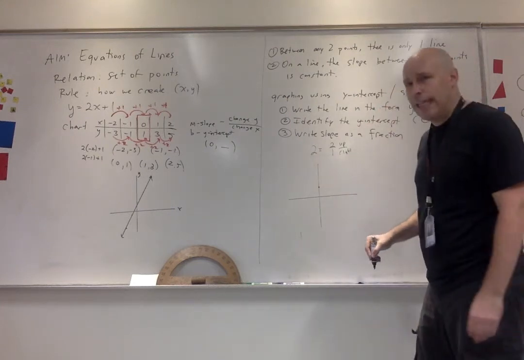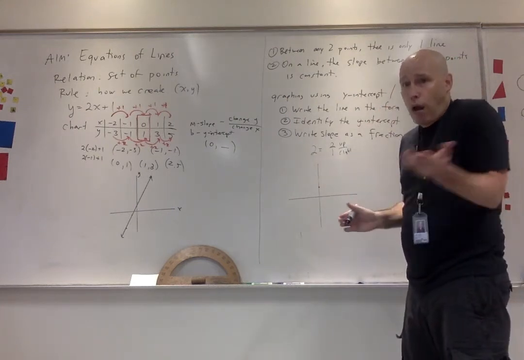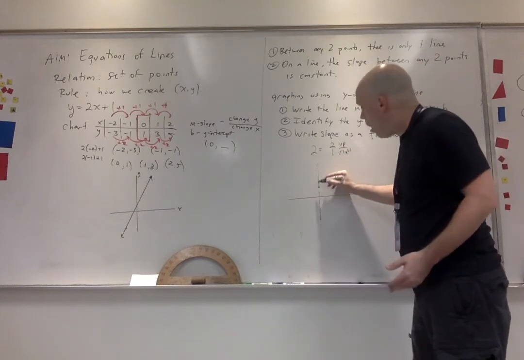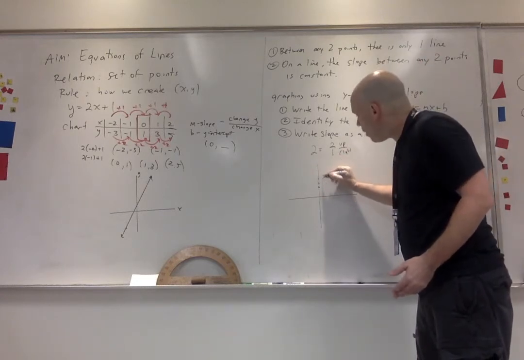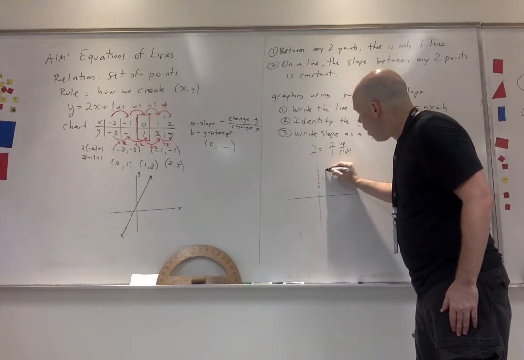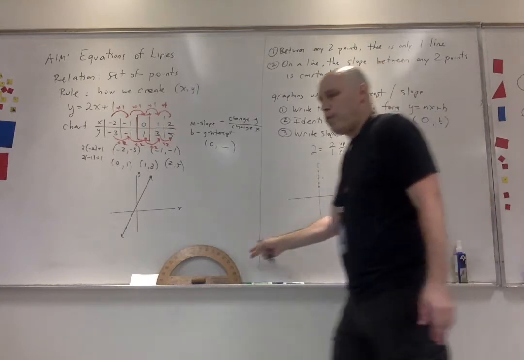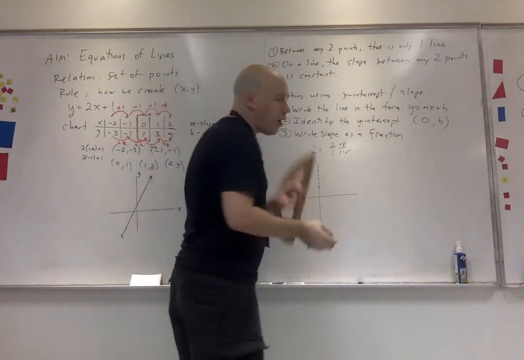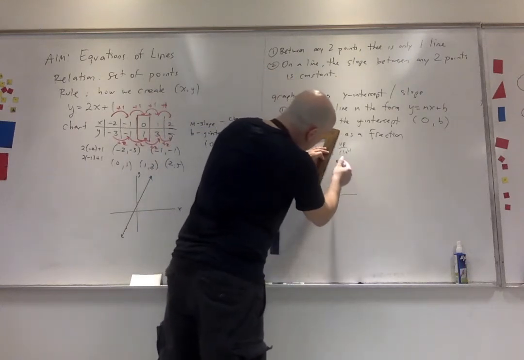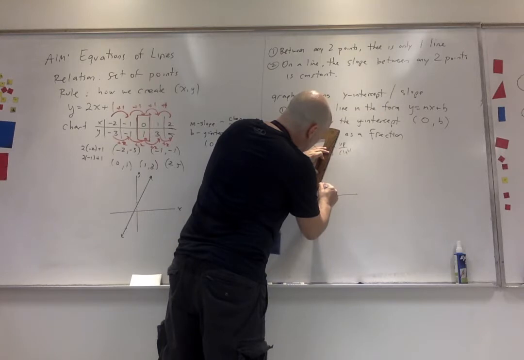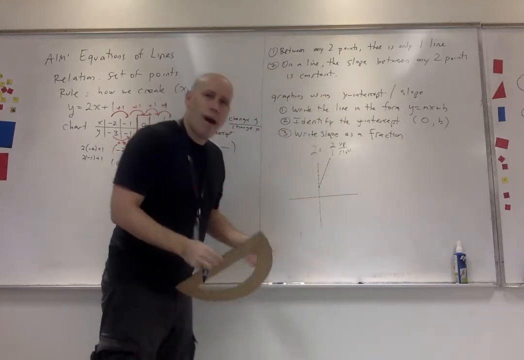And then you needed directions. So you said, okay, I have my directions: up 2, to the right 1, up 2, to the right 1. And so you graph it, you take your ruler, and you draw a line like that. But then you need to go the other way.